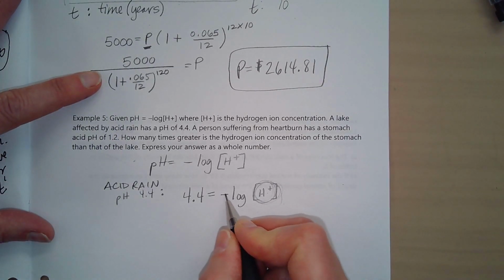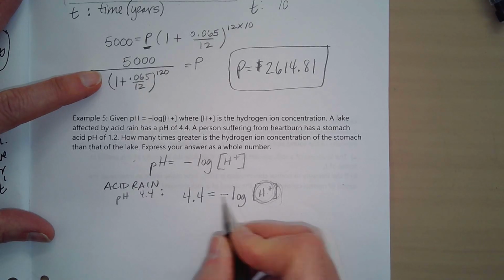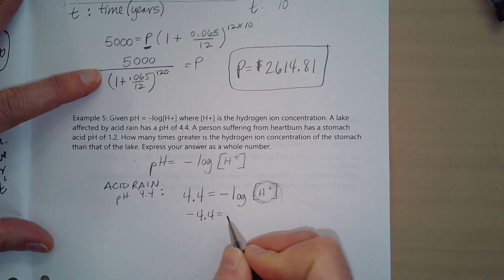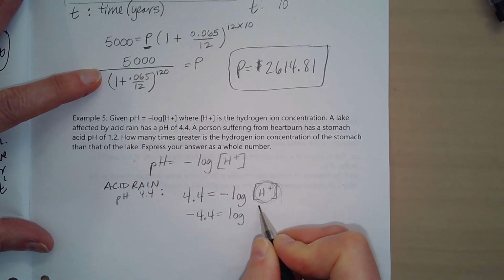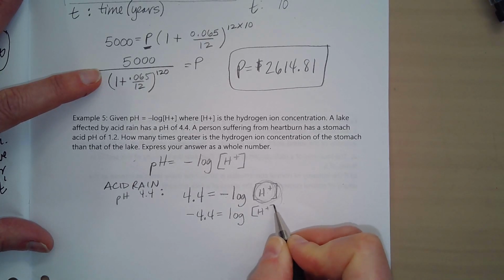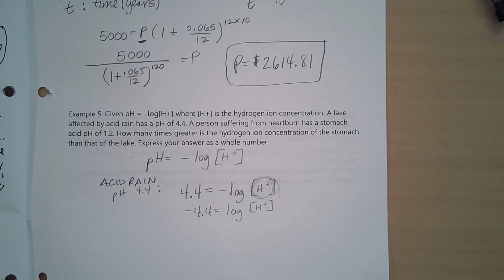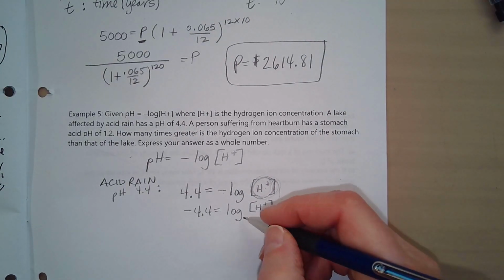I think I'm going to get rid of this negative sign first. So if I divide through by negative, I get negative 4.4 equals log of the hydrogen ion concentration, right? Now, pH is a base 10 scale, right? That's my base here.